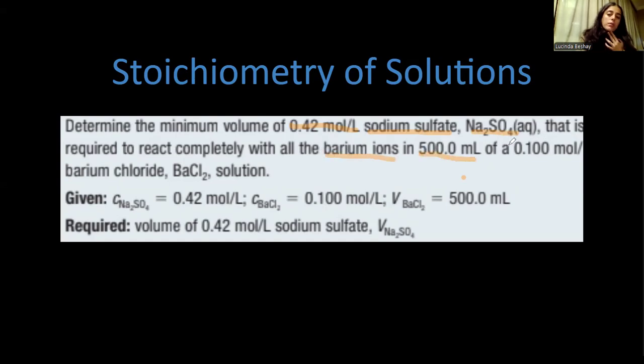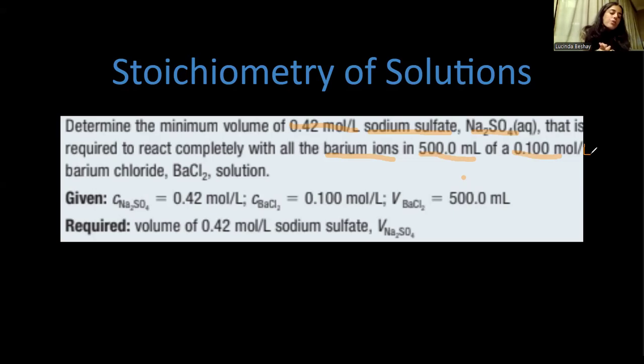They gave us the volume of the barium chloride and the concentration of the barium chloride. Over here it's moles per liter. So the question is giving me the concentration of the sodium sulfate, the concentration of the barium chloride, and the volume of the barium chloride, and it's asking me to solve for the volume of the sodium sulfate.